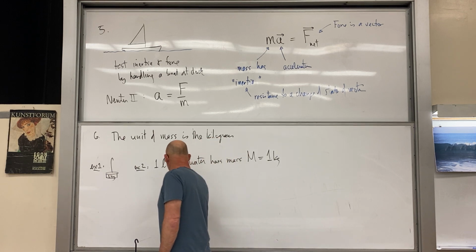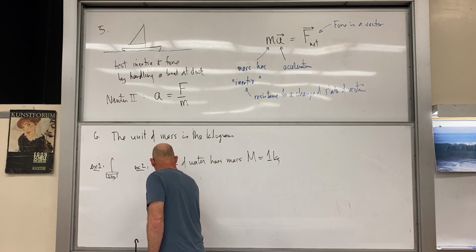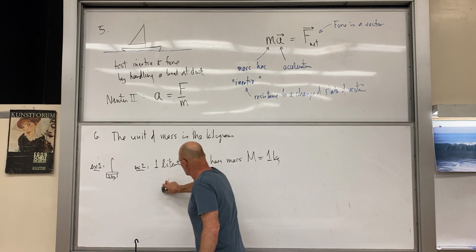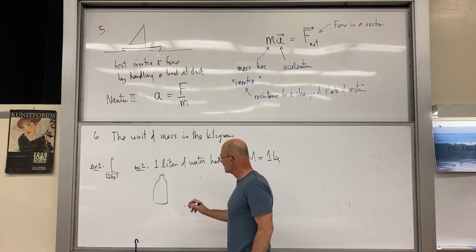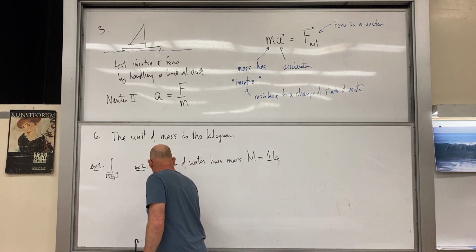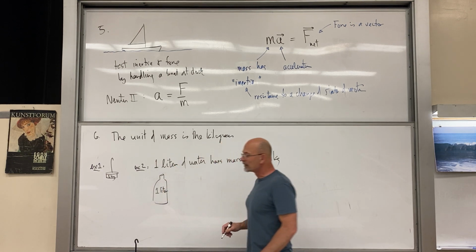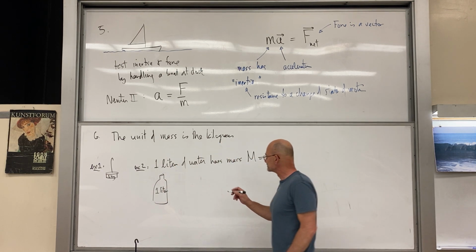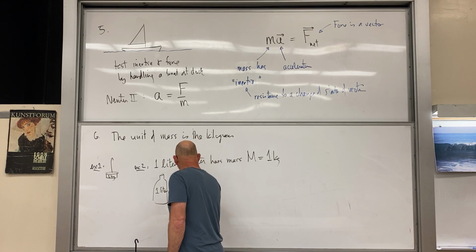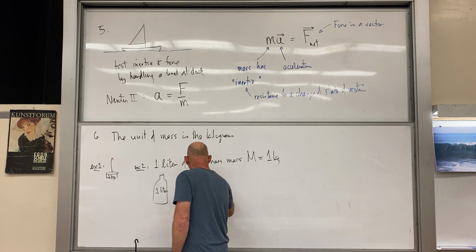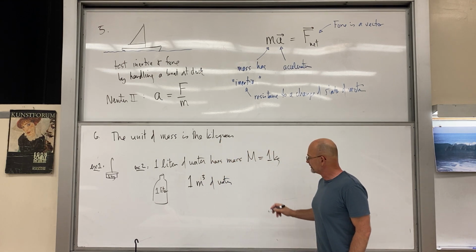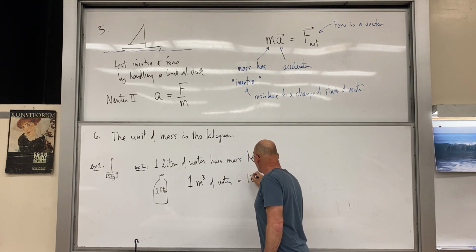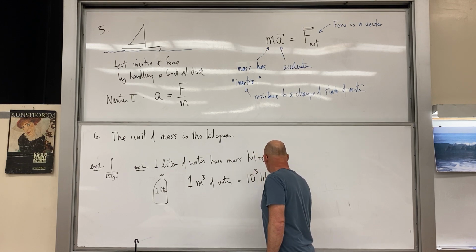So I'll draw this water bottle even. What's my generic water bottle look like? There, it's a bottle, 1 liter. And because this is the metric system, things are pretty nice. 1 cubic meter of water equals 10 to the 3rd liters.